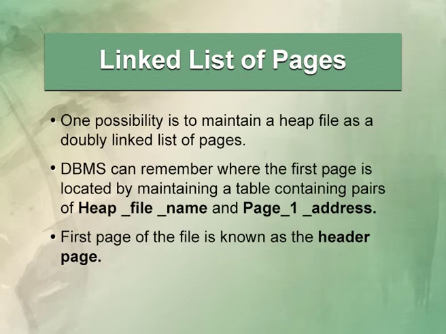One possibility is that a header file needs to be maintained. The DBMS can remember where the first page is located by maintaining a table containing pairs of heap file name and page 1 address. Somehow the start point should be mentioned, because the following address will be stored in the doubly linked list.